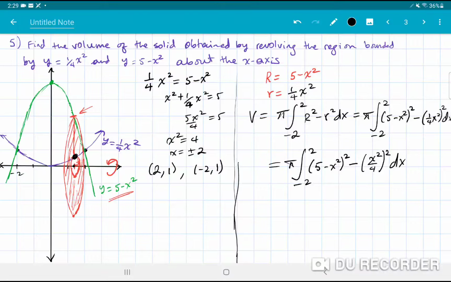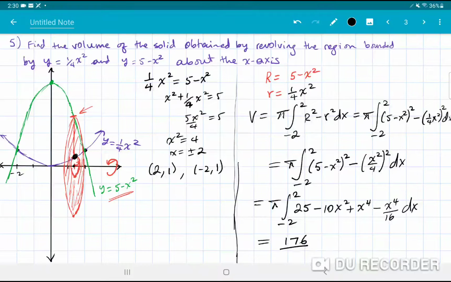We need to FOIL this and integrate. I'll just write down what you get when you FOIL it: 25 minus 10x squared plus x to the fourth minus x to the fourth over 16 dx. If you integrate this, the final answer comes out to be 173.6 over 3 pi.